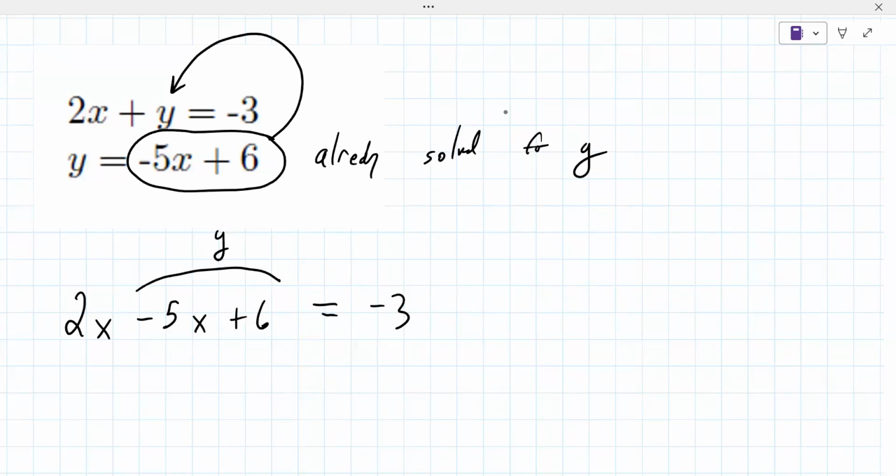Please look at that and just see if you are okay with it. Okay. Now you would combine like terms, and then for the rest of it, you would solve it with reversing the order of operations.